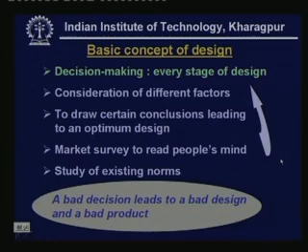You understand that a bad decision leads to a bad design and a bad product. That is the gist of taking a bad decision. Say for example, there could be two cars available in the market, of the same size, same range, doing more or less the same type of work.